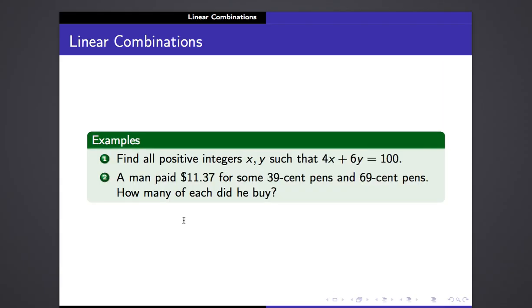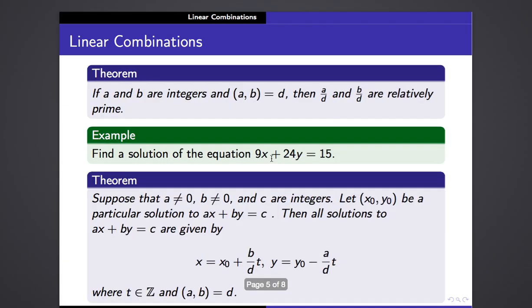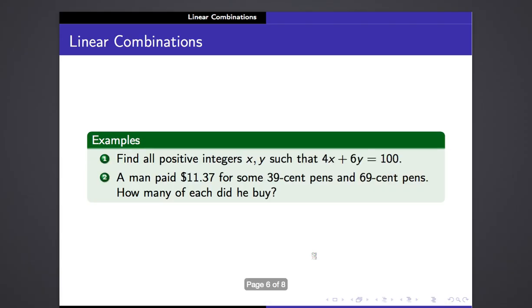Okay, so we're going to go over a couple of examples now. First example, find all positive integers x, I think I missed one thing. Yeah, I think I'm missing something here.